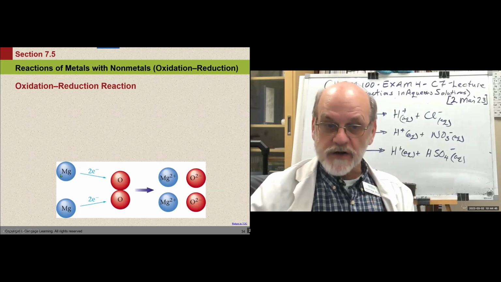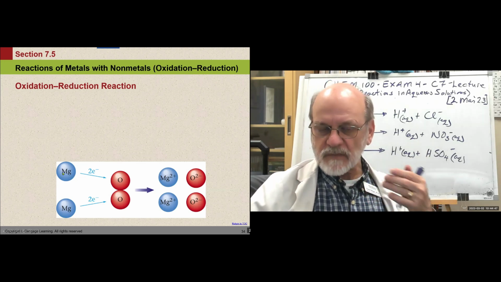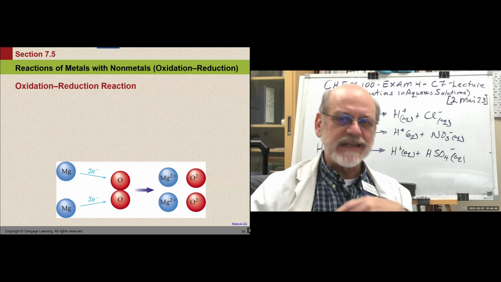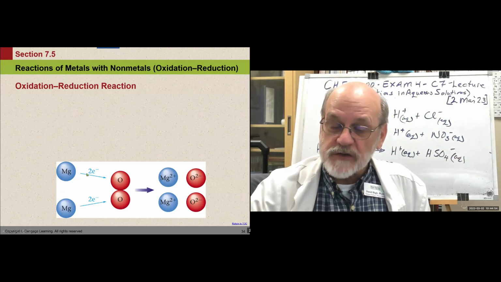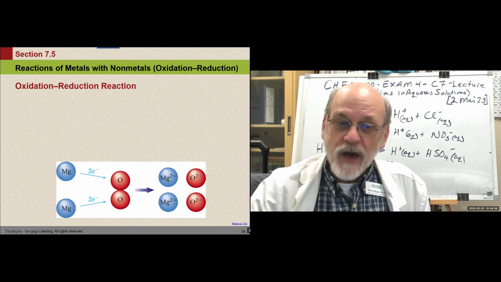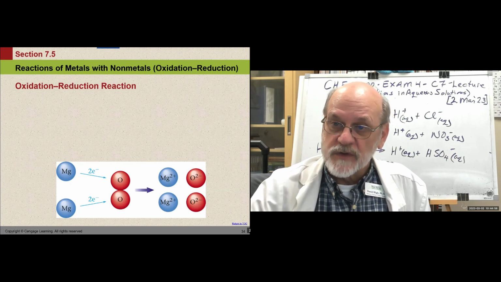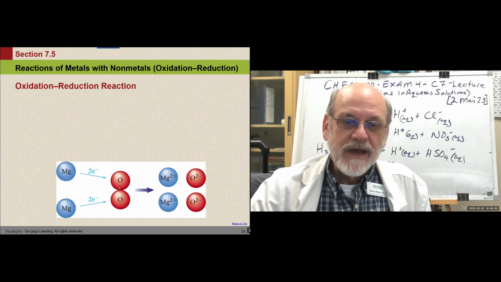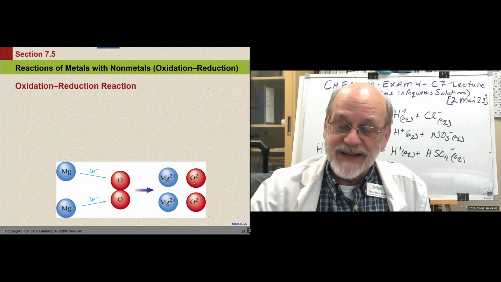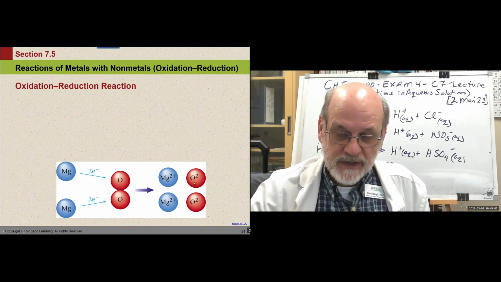Right? For our example here, magnesium is a metal. Metals like to give up their electrons. So magnesium transfers its electrons to oxygen. And now we have magnesium ions, with the loss of electrons, that have been oxidized. Whereas oxygen has gained electrons, it has been reduced.